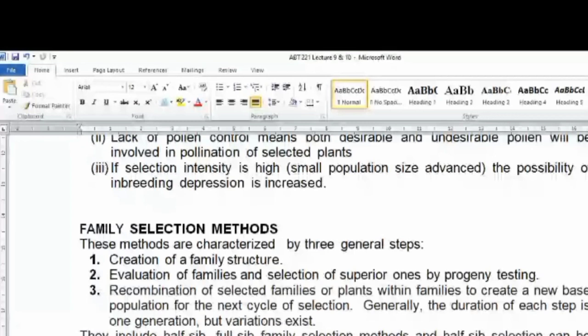So here we are going to talk about family selection among half-sibs and family selection among full sibs. In other words, family selection among individual plants that share both parents.